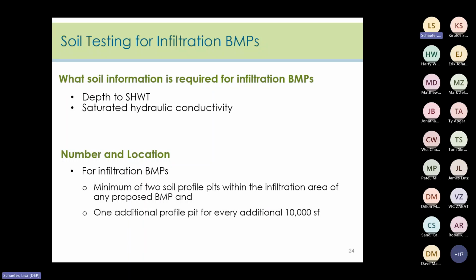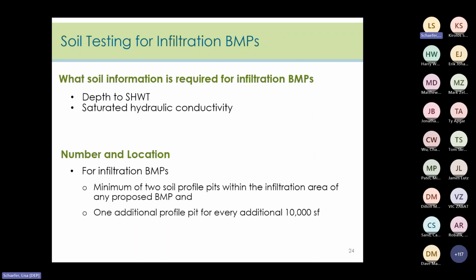When reviewing the plan, in order to verify the locations and numbers of the soil profile pits, you need to see a site plan depicting the locations of the soil profile pits to show that they are within the infiltration area of the proposed BMP. Now, there is substitution and proximity information found on page 17 of chapter 12.